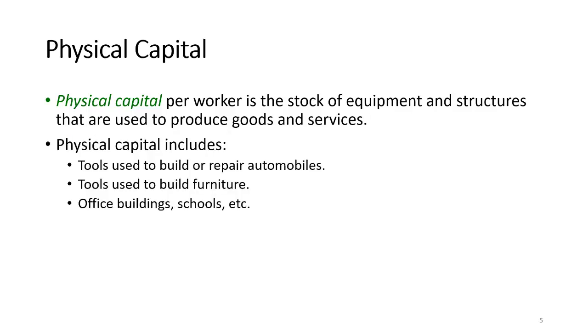It includes tools used to build or repair automobiles, tools used to build furniture, office buildings, schools, etc. Now, typically, if you have higher access to machineries, you can be more productive. And one of the reasons American workers, or workers in most of the developed countries, are more productive than workers in developing countries is simply that workers in developed countries have higher access to tools or machineries.